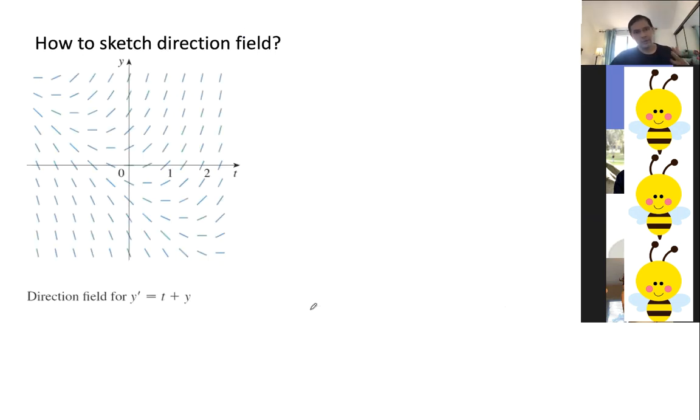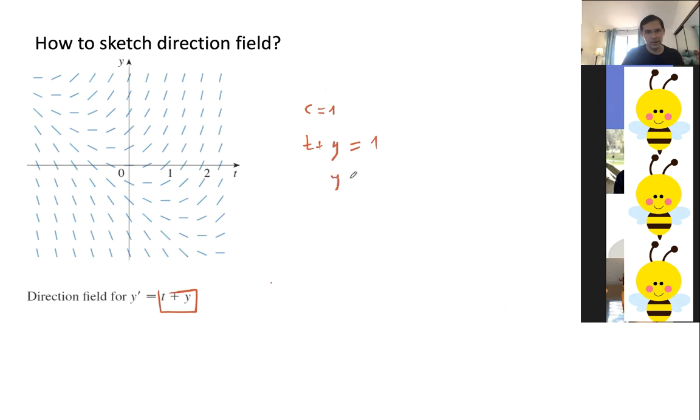Now I have to say in general how to sketch a direction field. I think we mentioned this example last time. So take, for example, c equals 1 and consider the right-hand side of this equation, t plus y equals c equals 1.